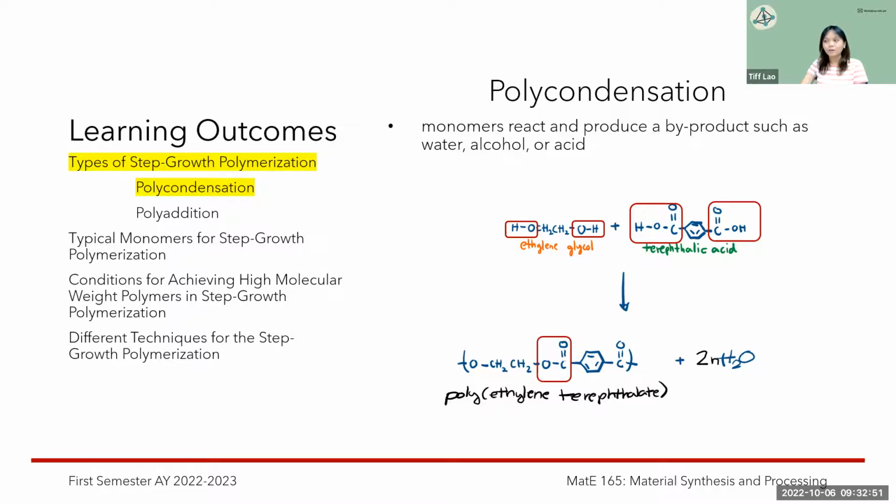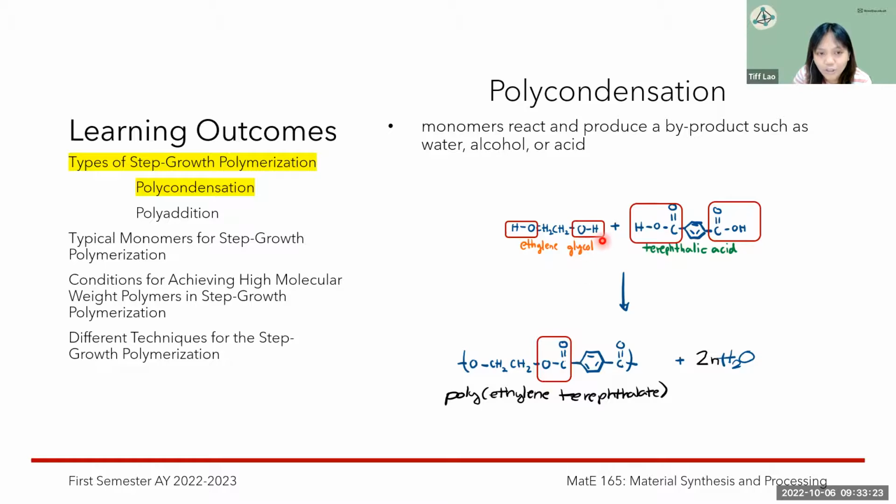Okay? So parang isipin nyo, ma'am, how will I know na it's water without memorizing? Okay. If you know the formula of polyethylene terephthalate, tingnan nyo to. Pag nag-combine yung ethylene glycol at saka terephthalic acid, ang matitira ay ito, C double bond O at saka yung O. So ano yung matitira?